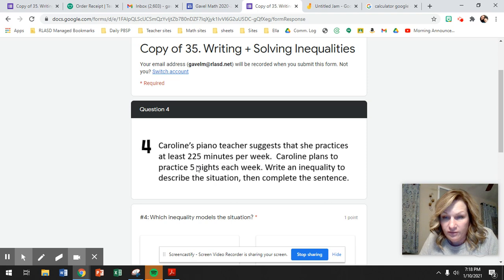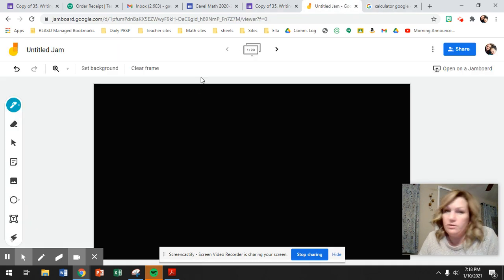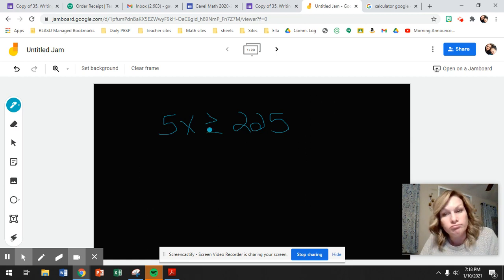So we're going to do 5 times X, because we don't know how many minutes. That's what we're trying to solve. So 5 times however many minutes needs to be greater than or equal to 225, because it has to be at least, which is our equal to, cannot be less. So this number needs to be 225 or more.